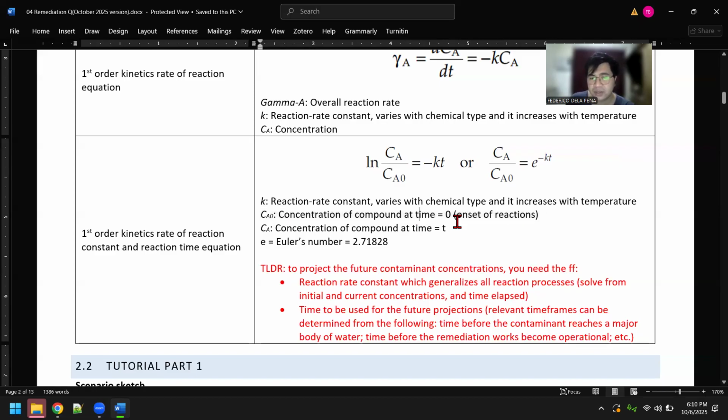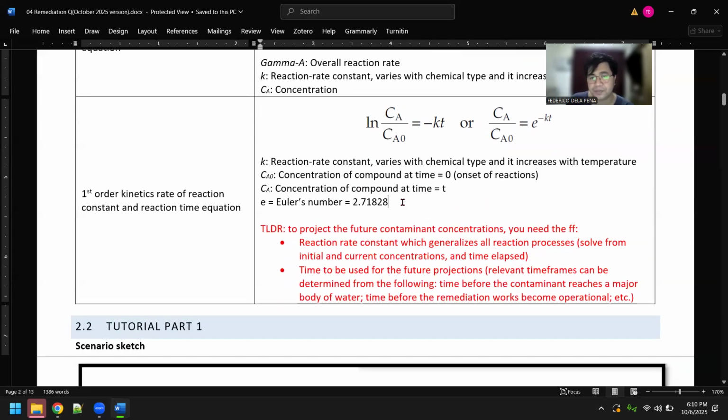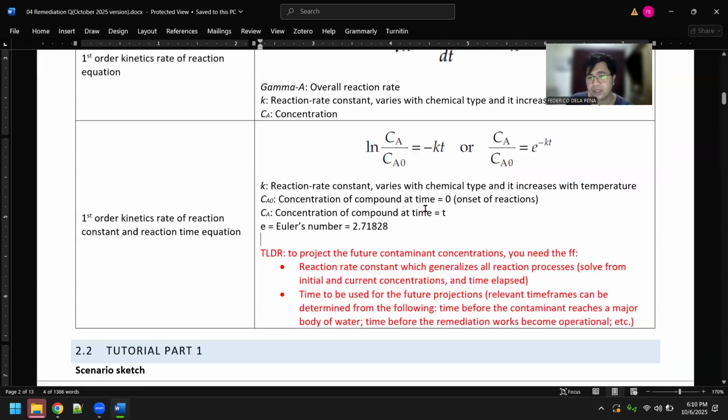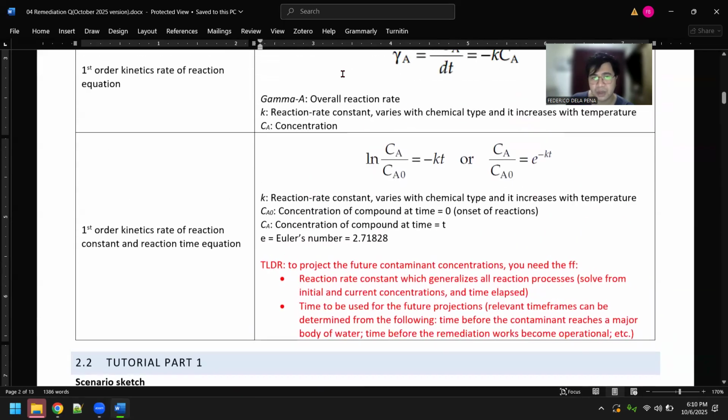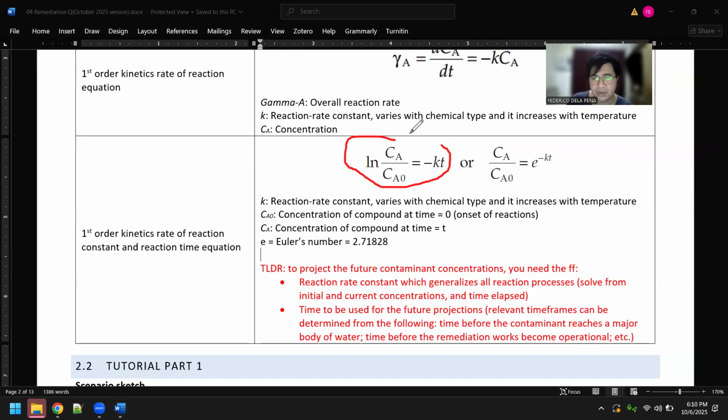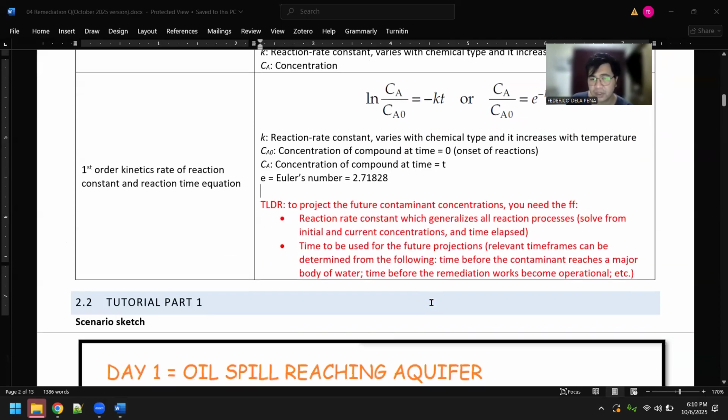C0 is the initial concentration, okay, and then C is the concentration at a certain time, okay, and e is Euler's number. Although for the exercise, we only need this first equation, okay, for determining k and for predicting the future concentration.